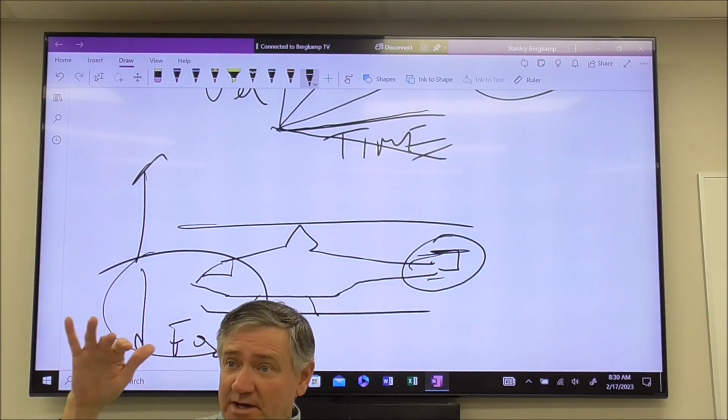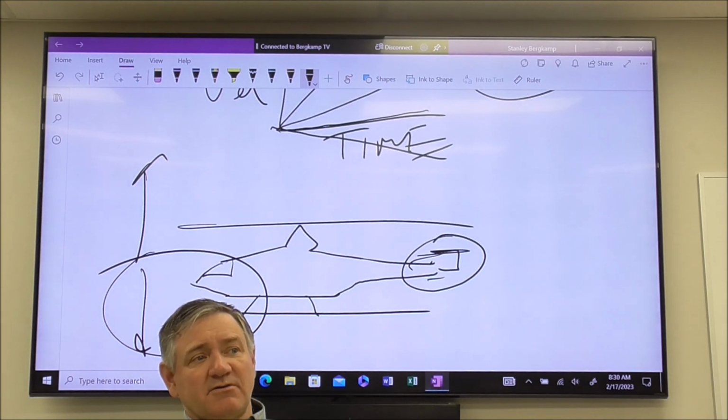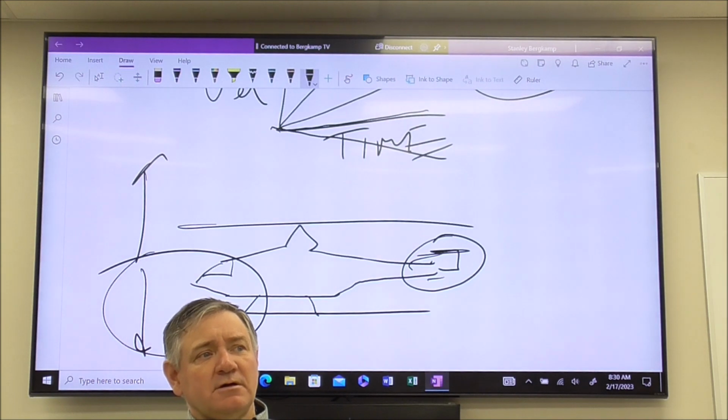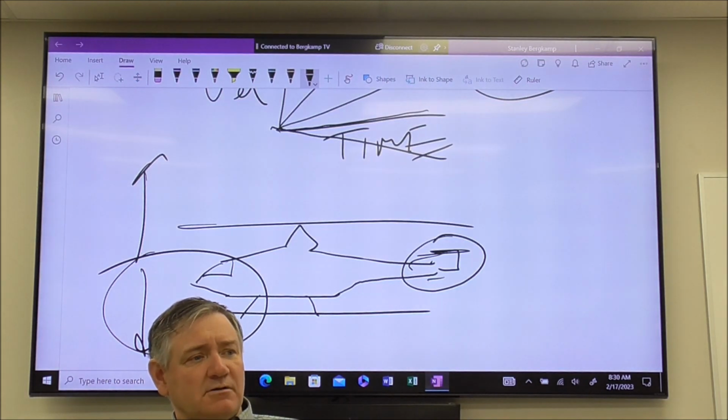If it's just hovering, those two forces are balanced out. If I want it to accelerate upward, I give it more throttle. If I want it to accelerate downward, I give it less. And if it just balances out, those two forces are going to completely balance each other out.